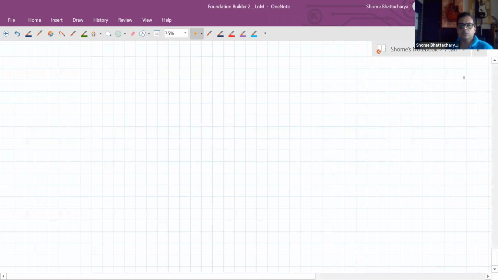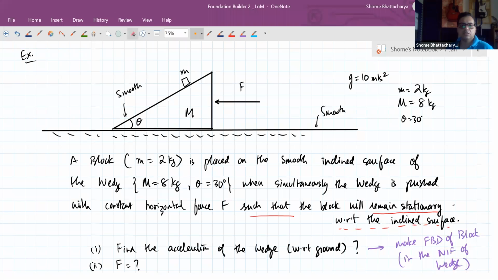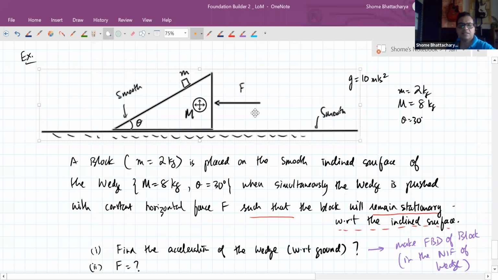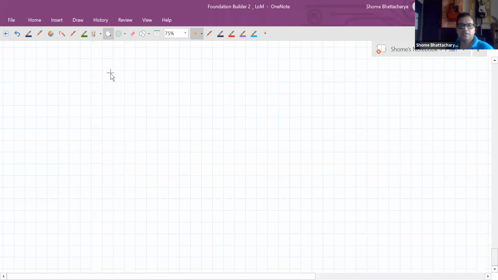Okay, so what we are suggesting here is that this force that we are applying is giving this system enough acceleration so that the block kind of remains stationary on the wedge as it moves.